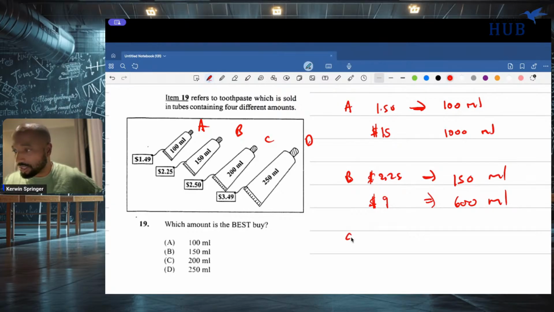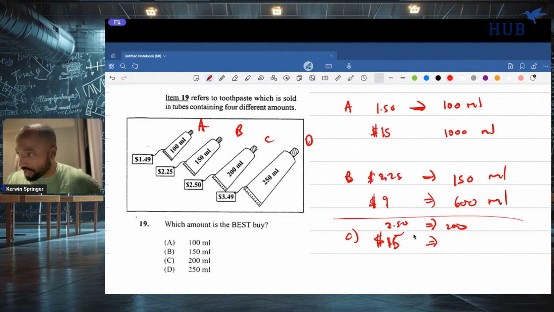And C, $2.50. I could try $15. If I take this up to $15, $2.50 represents 200 ml for this one.